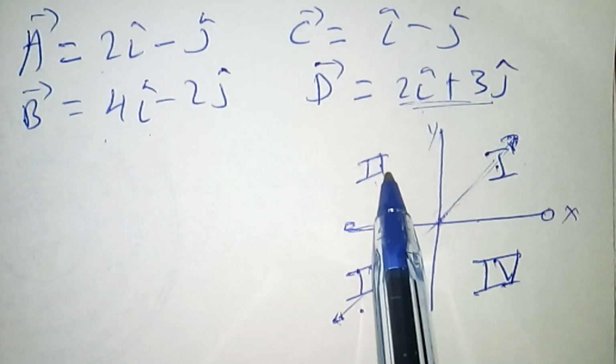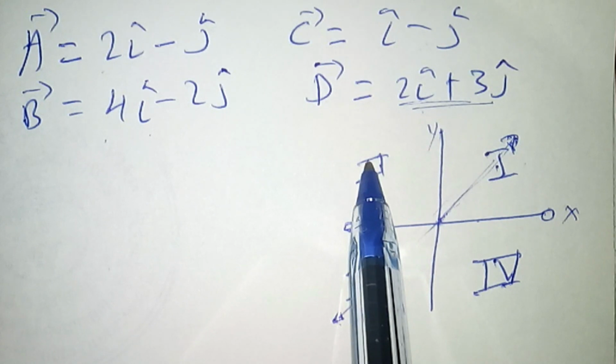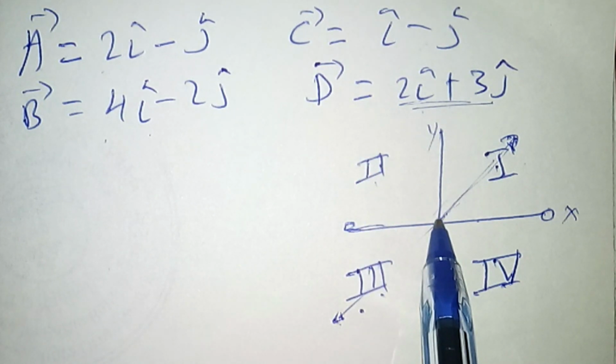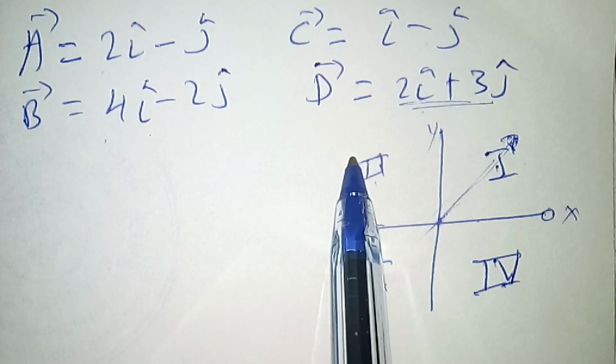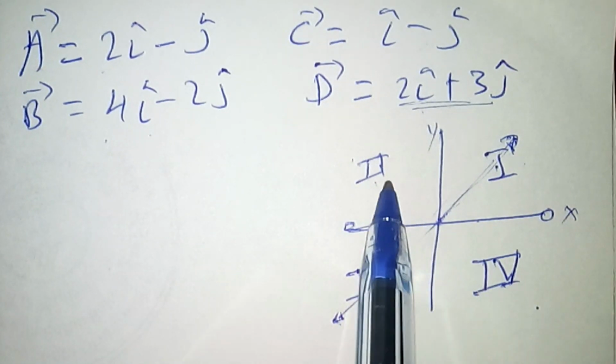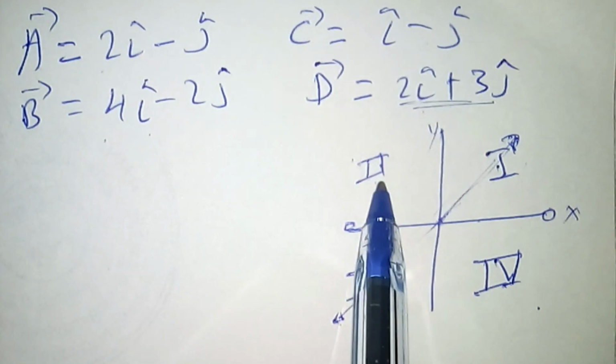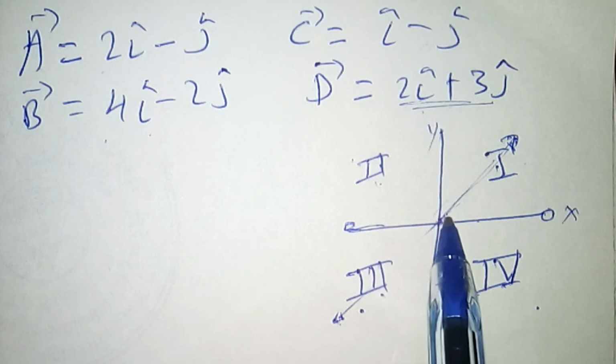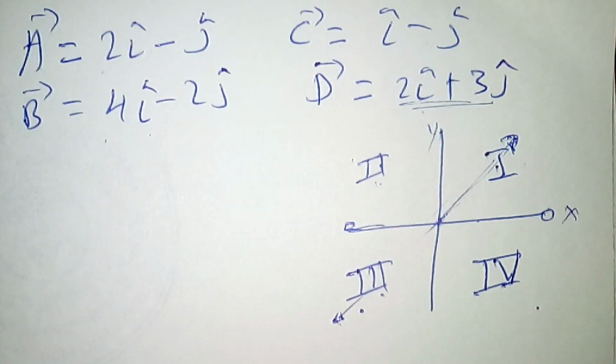And if one vector exists in quadrant 2, the second one must exist in quadrant 2 or in quadrant 4 to be collinear with the first one. So this is the method of inspection.